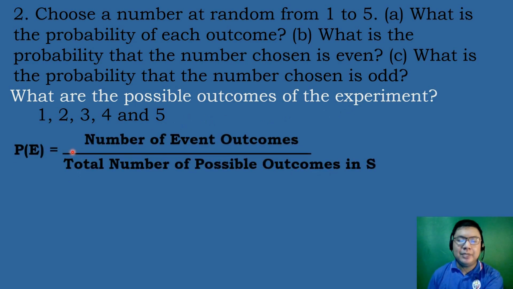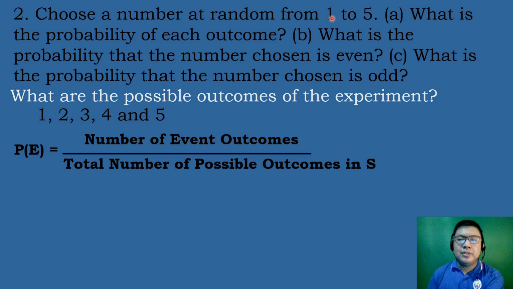And then we will be using the formula of simple probability. Probability of event E equals the number of event outcomes all over the total number of possible outcomes in the sample space. Let's compute first the probability of each outcome.